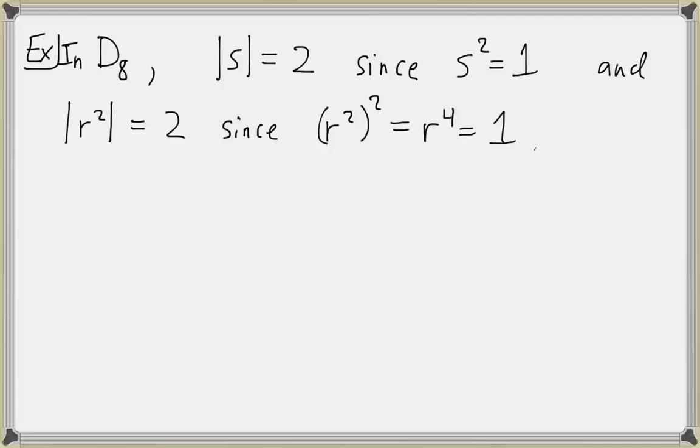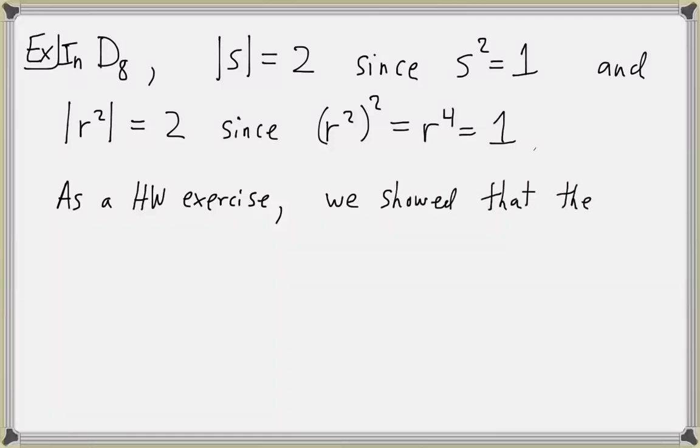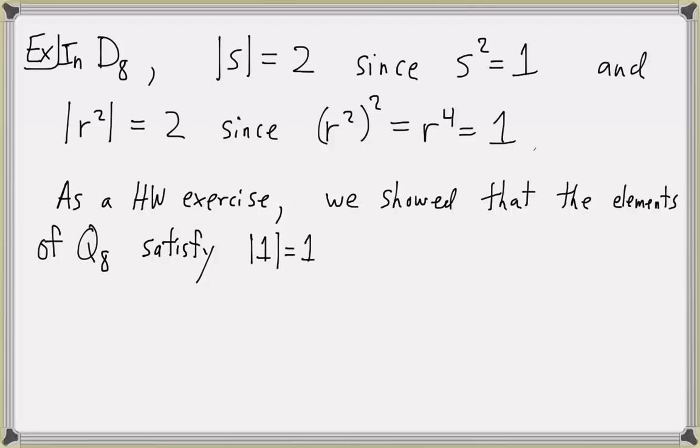Now, in a homework exercise, we investigated the order of the elements of the quaternions. We actually showed that the elements of the quaternions, Q8, satisfy the following orders. Well, the identity has order 1.